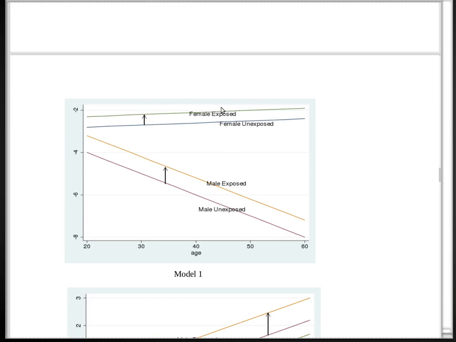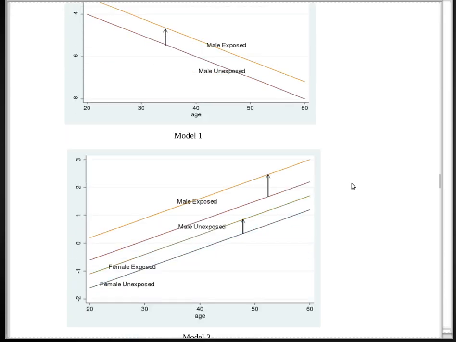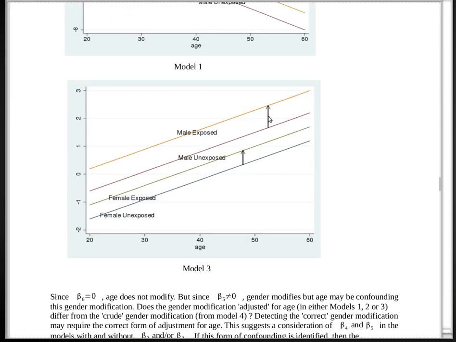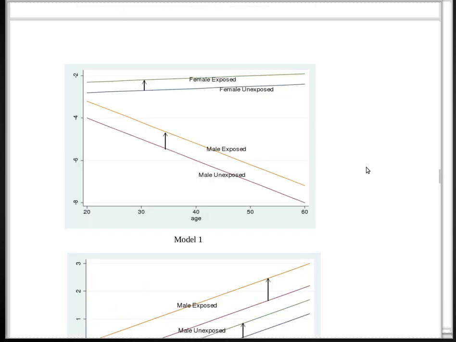The females exposed, unexposed. Females exposed, unexposed. Males exposed, unexposed. Now, let's suppose that this is the circumstance. We get this difference between the exposed and unexposed for the males, and this difference between the exposed and unexposed for the females.